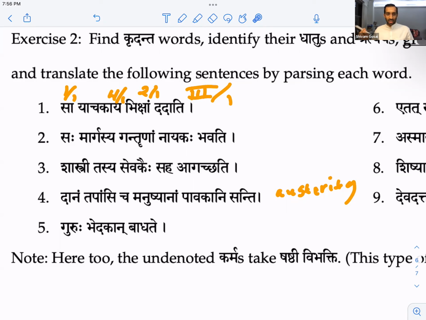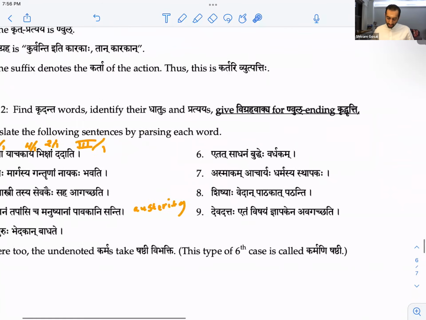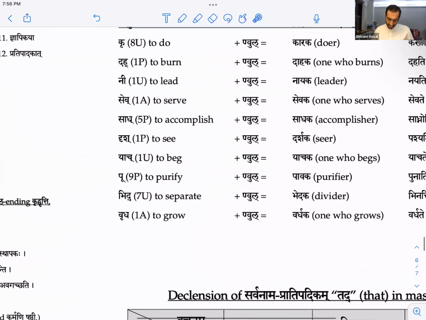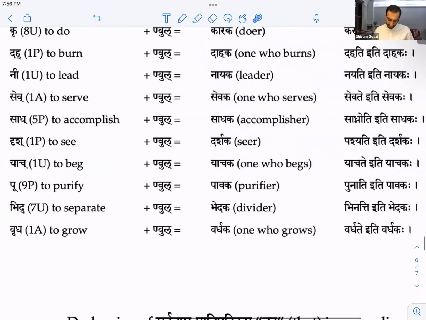So that's where we get the aka from. So if we were to do the vigraha of yachakaya: yachate iti yachakaha. And then 4-1. Tasmai yachakaya.